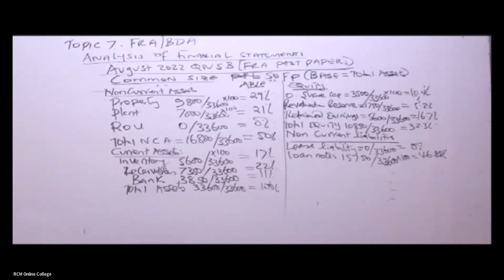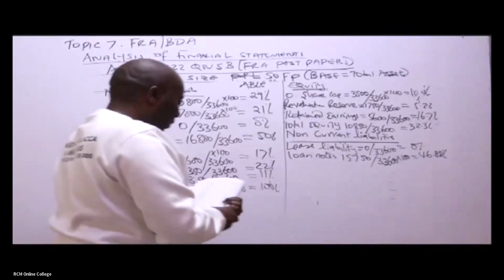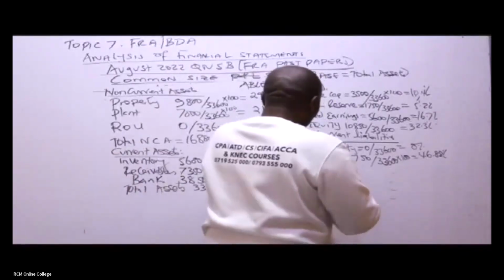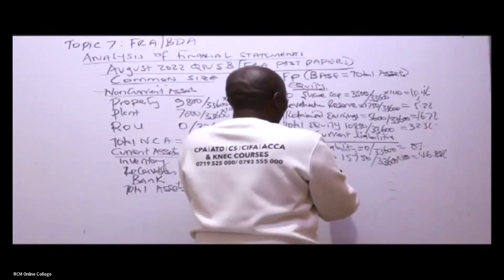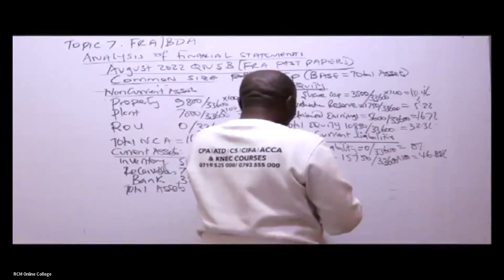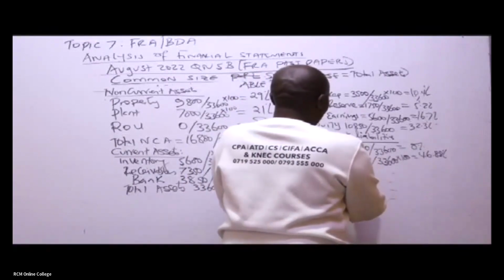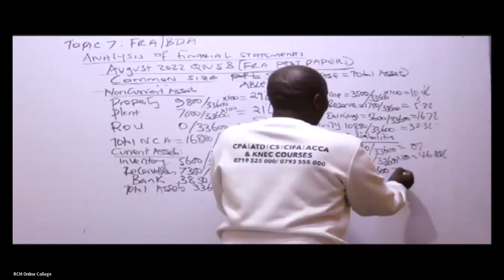So after loan notes, we go straight away to the current liabilities. I don't have to write the title current liabilities because of space, but I know you must have completed. So we have payables. Payables, we have 4375 divided by 33,600 equals.